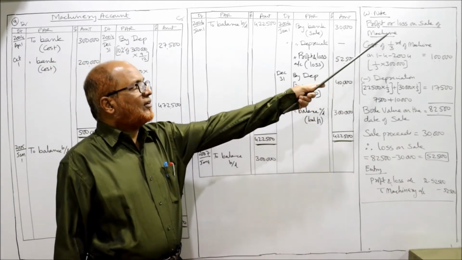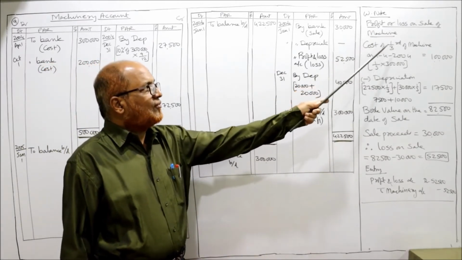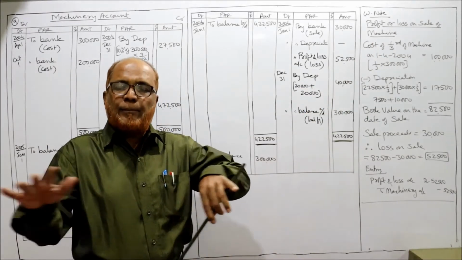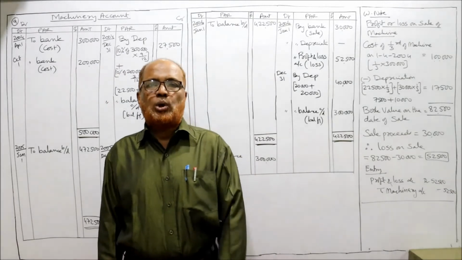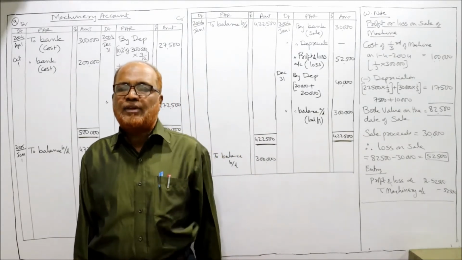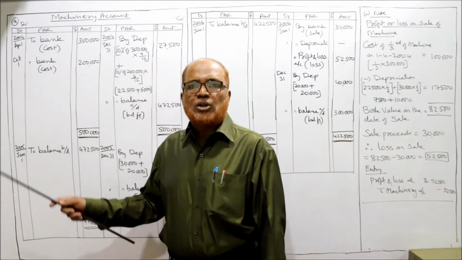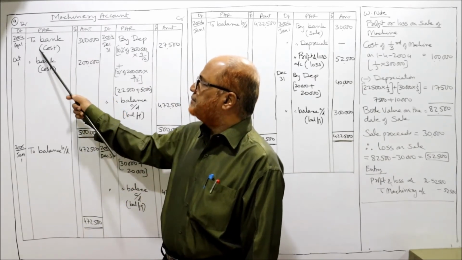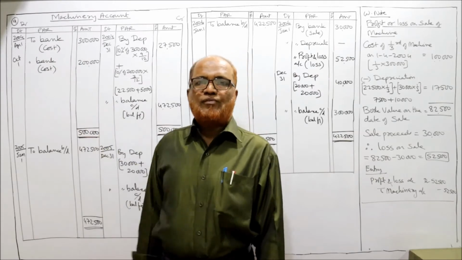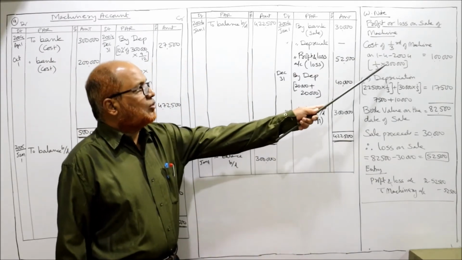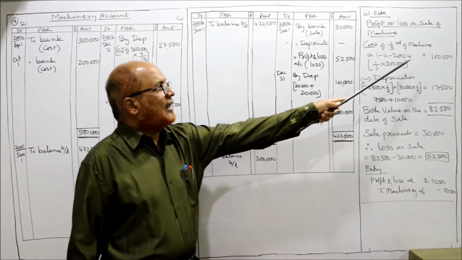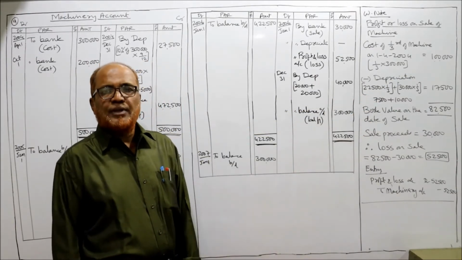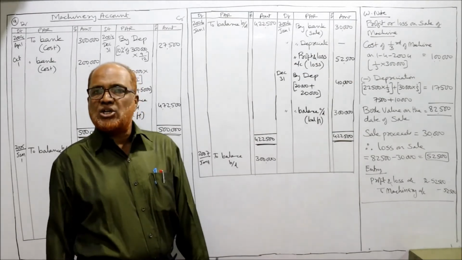So in working notes, profit or loss on sale of machine, cost of 1/3 of machine on 1/4/2004. Actually the complete machinery is not sold. Only 1/3 of the machinery is sold. What is the total cost of machinery on 1/4/2004? 3 lakh. So 3 lakh into 1/3, 1 lakh rupees is the cost. From this 1 lakh, deduct depreciation. 1/3 of total depreciation we will take.